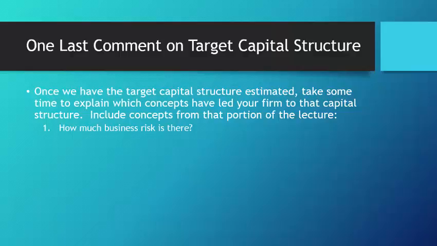Are the sales volatile? Are the input prices volatile? Can we pass those changes in input prices onto our customers? And what proportion of our total operating expenses are actually fixed costs? All of those things said take on more debt.